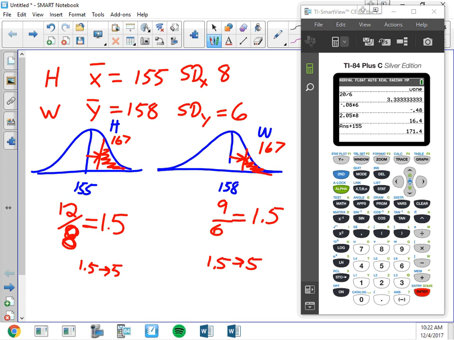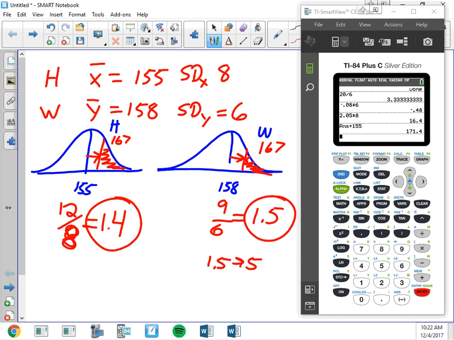But what if this one equaled 1.4? Chances are on the test it's not going to be the same. It might be. But what if this one is 1.4 and this one is 1.5? The 1.4 has more.